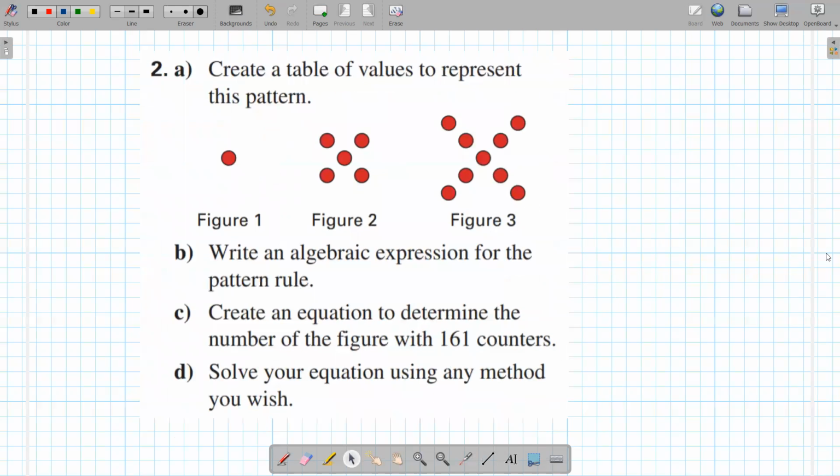What about this one? So patterns, and they've asked us to come up with an equation for the patterns.